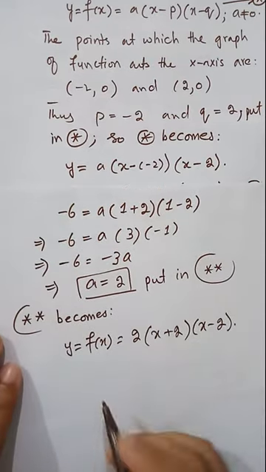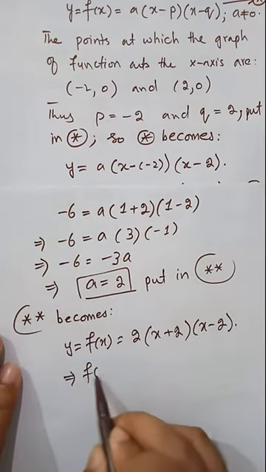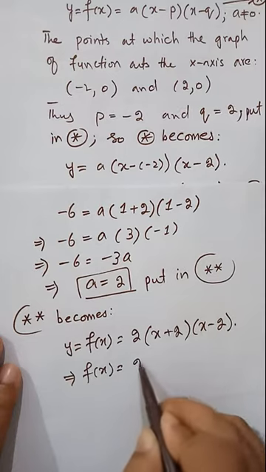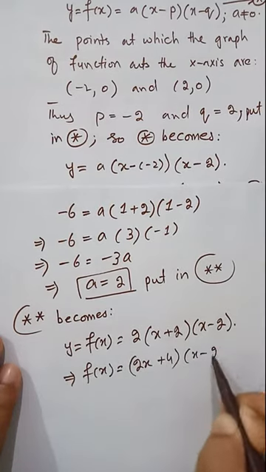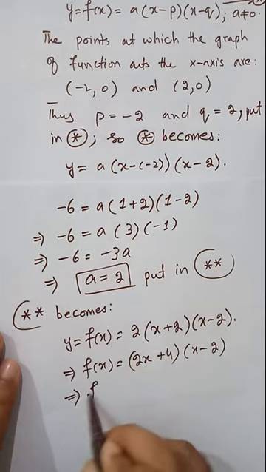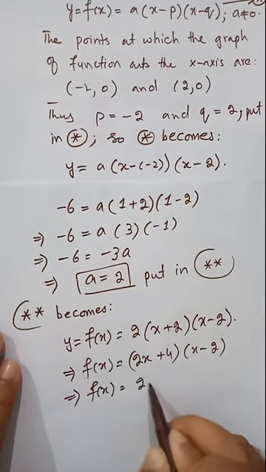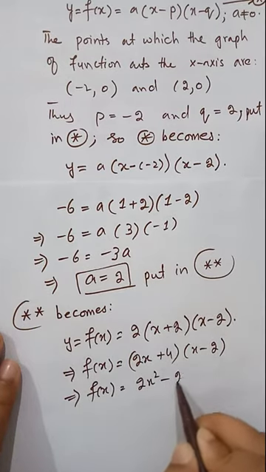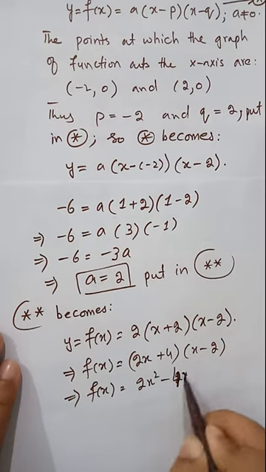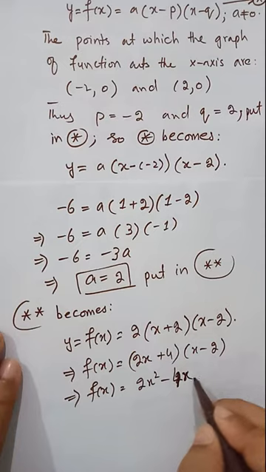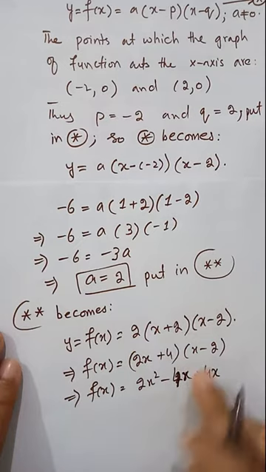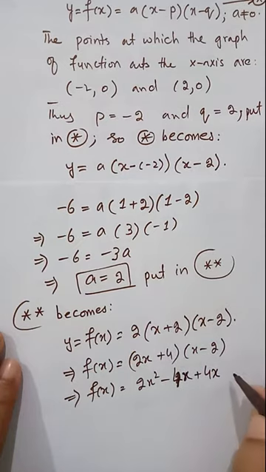So just multiply this. So this implies that f of x is equal to, this is 2x plus 4, x minus 2. So f of x is equal to 2x square minus 4x, horizontal multiplication: 2x multiplied with x, 2x multiplied with 2, then 4 multiplied with x, and 4 multiplied with -2.